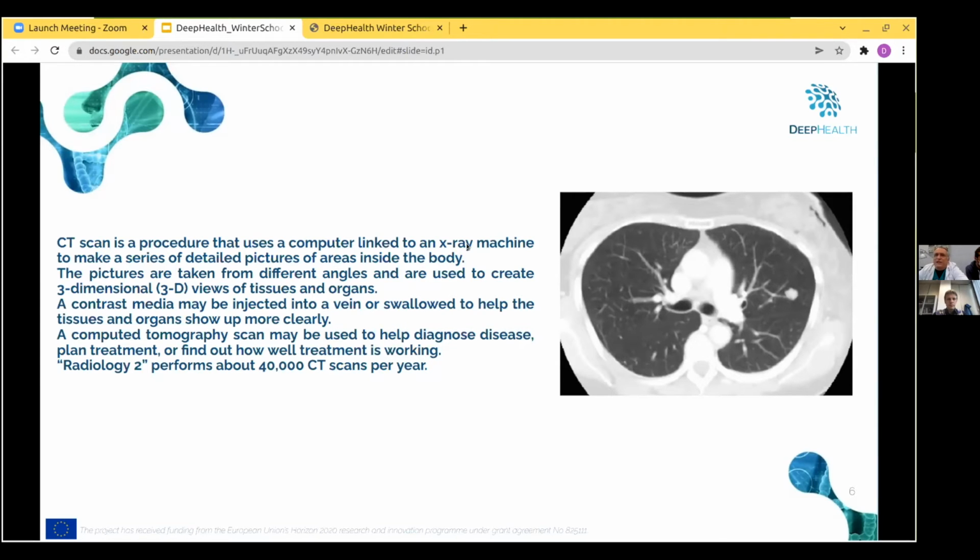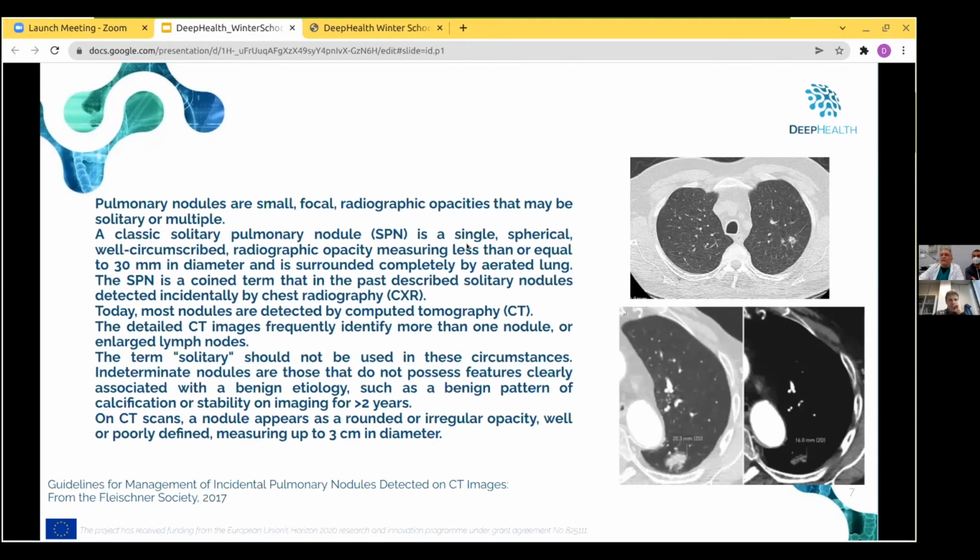The pictures are taken from different angles and are used to create three-dimensional views of tissues and organs. Sometimes, to increase the chance of seeing disease, a drug called contrast medium is used, which is injected into the venous circulation to make the blood vessels opaque and eventually reveal neoplastic lesions.